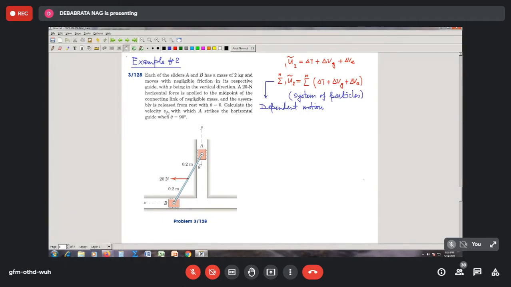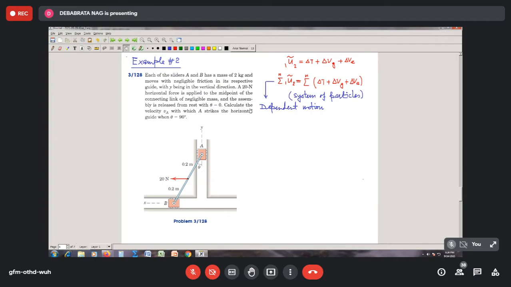The assembly is released from rest with theta equal to 0. That means if theta is 0, then AD is initially completely along the y-axis. That would be my initial configuration.